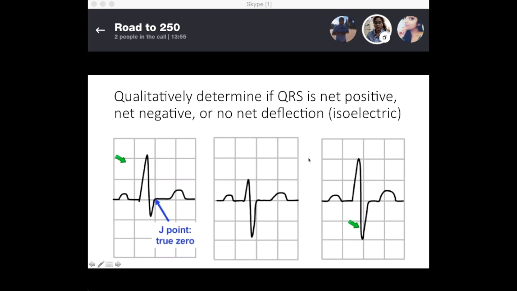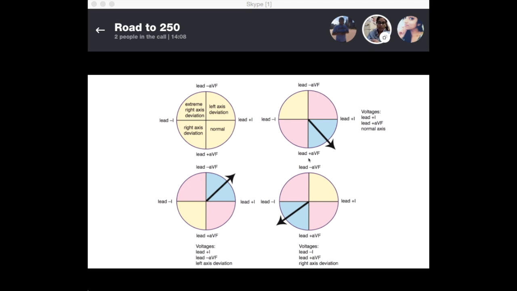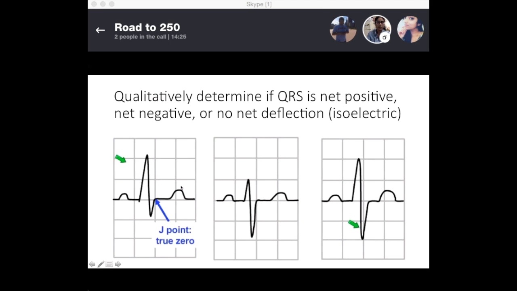So this is how you determine, when looking at your ECG in lead 1 and AVF, whether the QRS is a positive deflection, negative deflection, or no net deflection. Going back to the top right box, the QRS would have in lead 1 a positive deflection, looking like this first box.